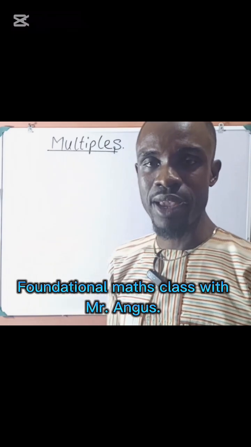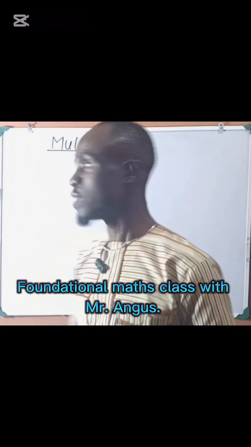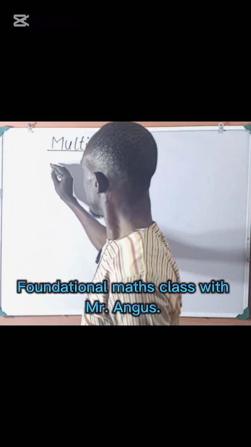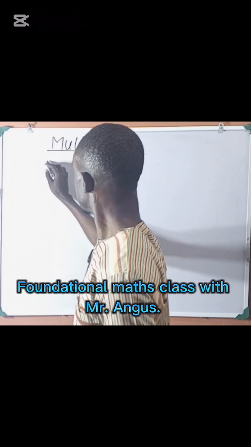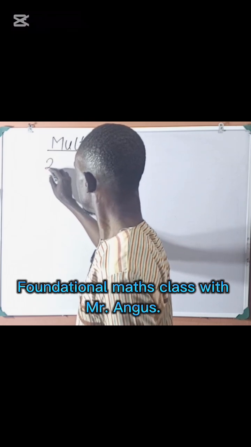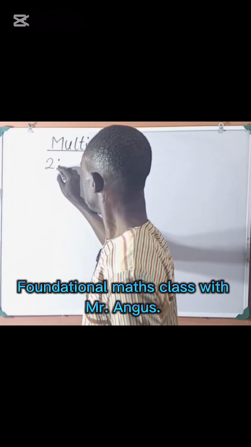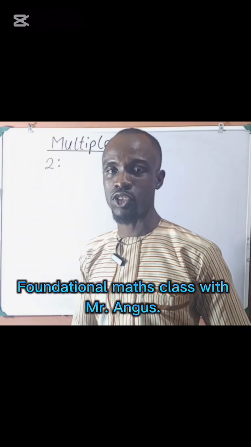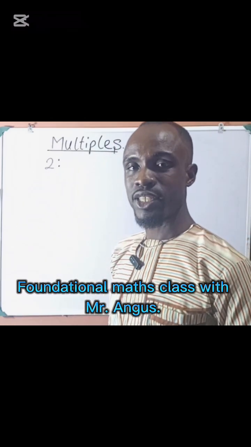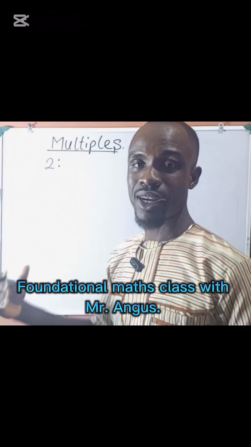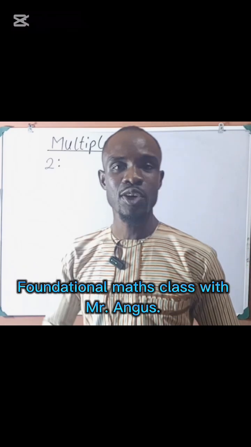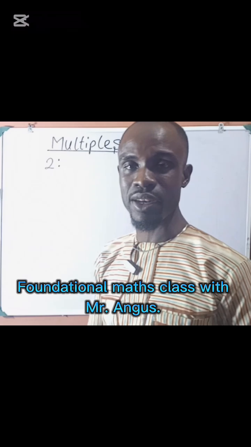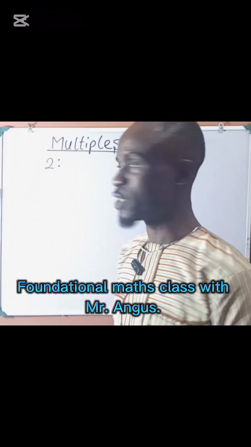Now I want to give us some examples of multiples. Now, 2 is a factor. We want to see those numbers that 2 can divide, and those numbers which 2 can divide without leaving a remainder are called multiples.